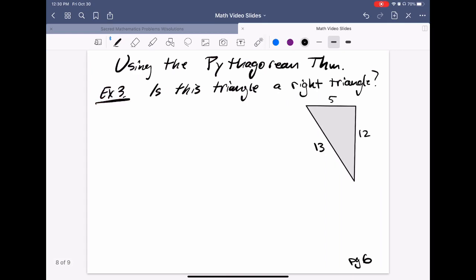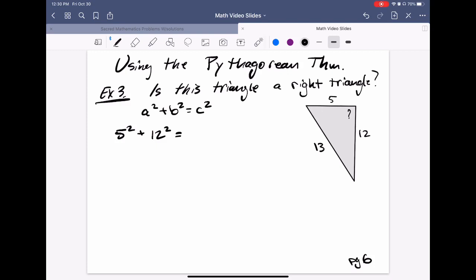Now, we're going to use the Pythagorean theorem to find out if this triangle is a right triangle. We don't know. So, remember, we have a squared plus b squared equals c squared. I'm going to replace a, b, and c with the values of the triangle. I will say a is my shortest side, b is the next size up. It's the number that's in between the shortest side and the longest side.